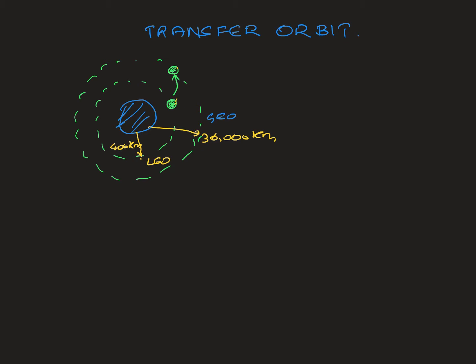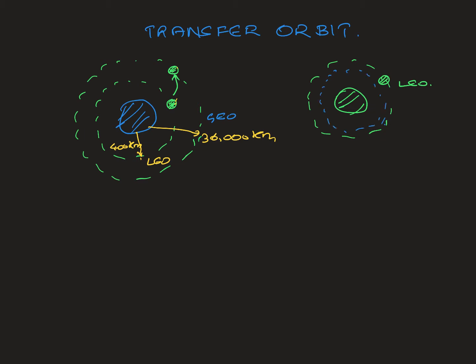And there's another reason why we do transfer. When we have the LEO satellites in the low orbit, after a while, after 10 years, 20 years down the line, it comes to a lower orbit. Why?